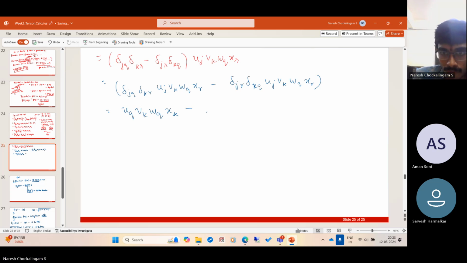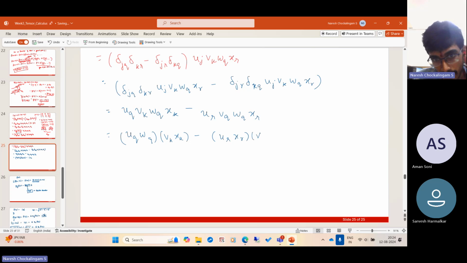Minus, here in place of j, you replace r, ur. In place of k, you replace q, vq, wq, xr. So this you can write as uq wq, vk xk minus ur xr, vq wq. What is uq wq? It's nothing but u1 w1 plus u2 w2 plus u3 w3.